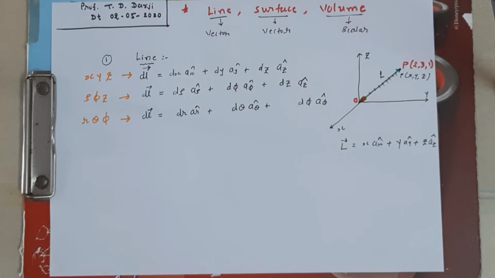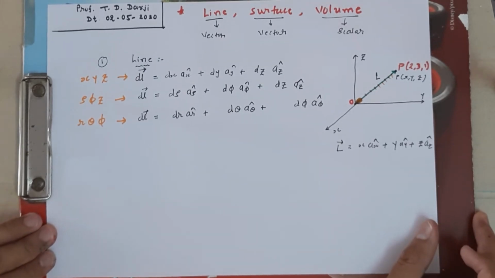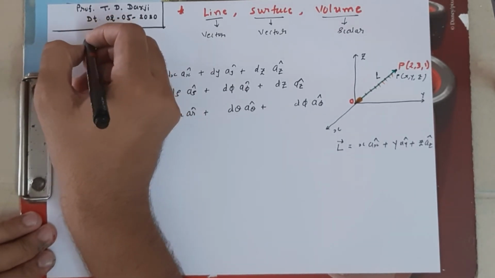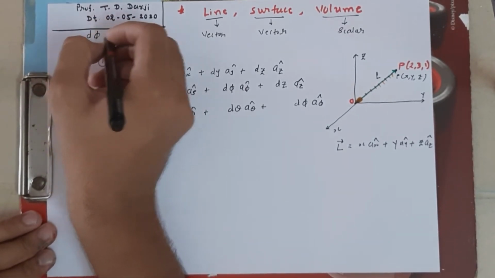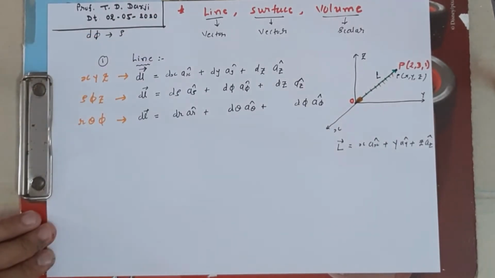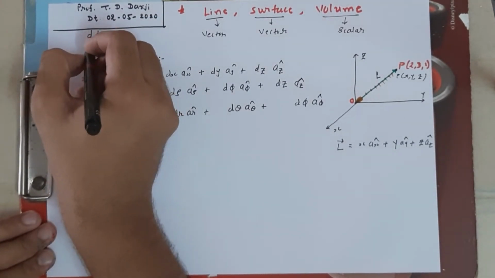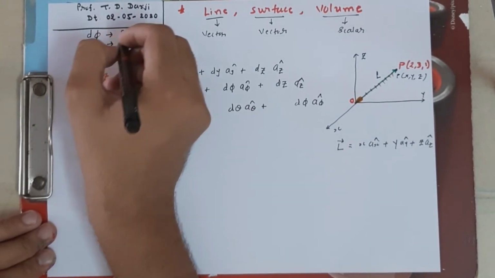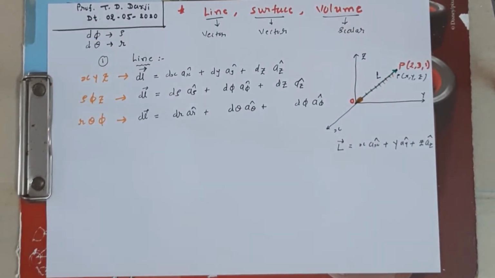Now you have to just remember one thing. Otherwise, why those terms come, the proof is available, but actually you just have to remember this, no need to prove all those things. Where a d phi term is present, we always put rho before it, and if a d theta term is present, I have to put r before that.